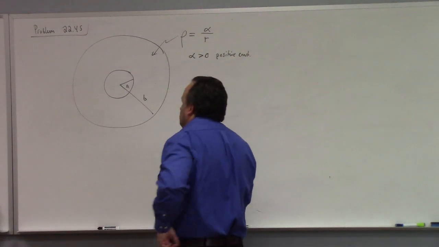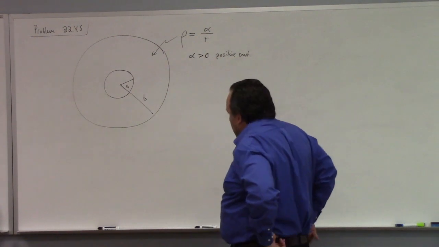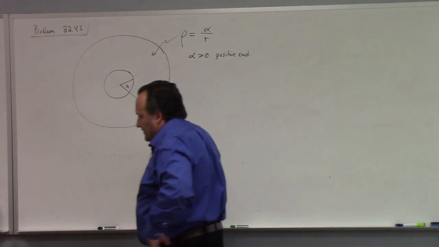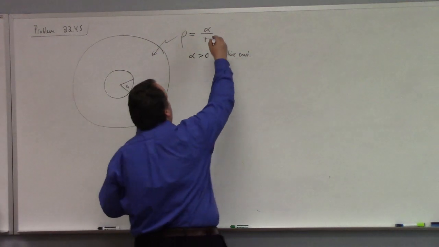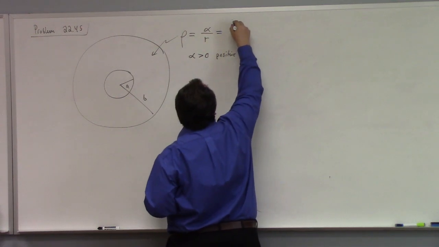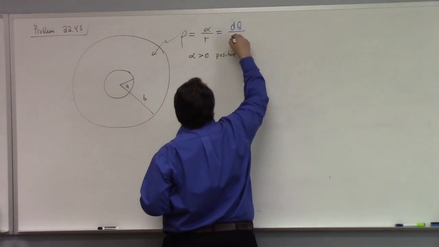So let me talk about this. Charge density is charge per unit volume, right? So this is dq dv.